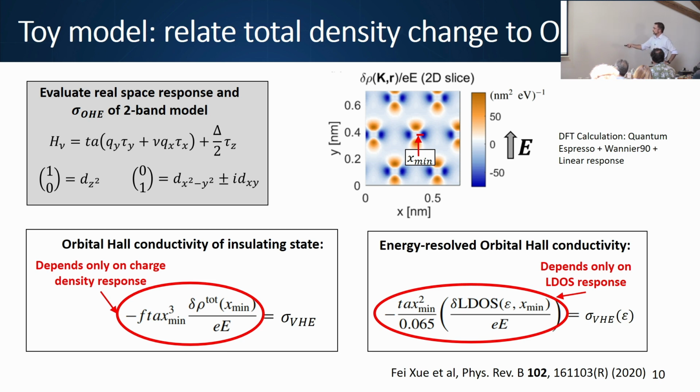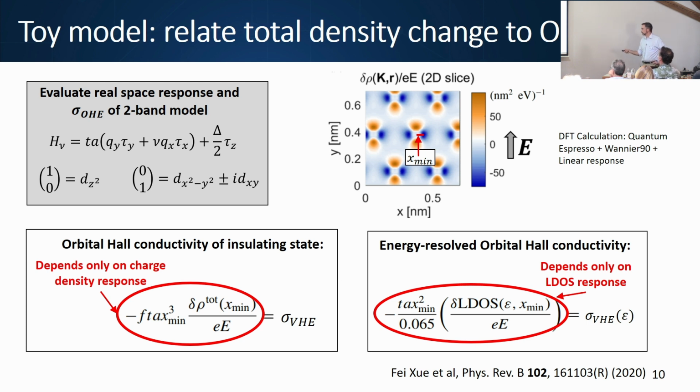So if you gave me a measurement like this, I could compute the left-hand side based on your measurement. I skipped some of the details here. This x-min has to do with the distance between the atom and the minimum of the change in density. But suffice to say, it only depends on the charge density response. And you find that that is equal to the computed Valley-Hall conductivity for this model.